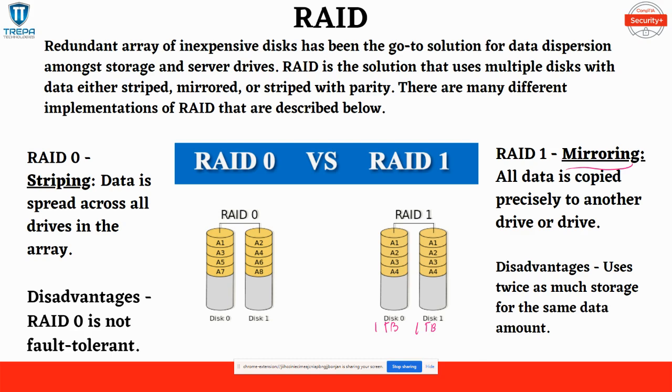So let's go over this. If I save a file here, again, this is all one logical device or disk to your systems. But if a file gets stored in this disk right here, it's also going to get stored here. It's called mirroring.